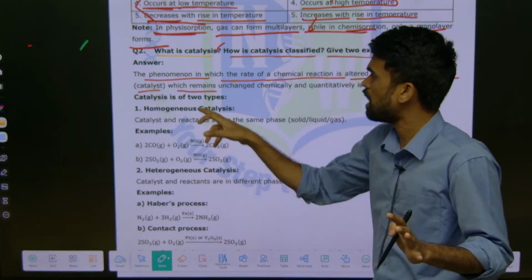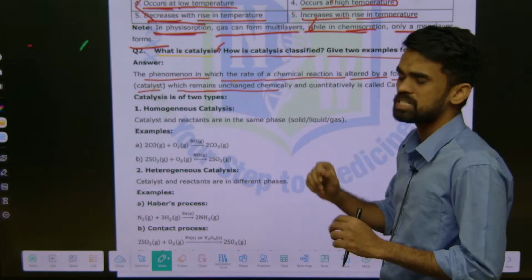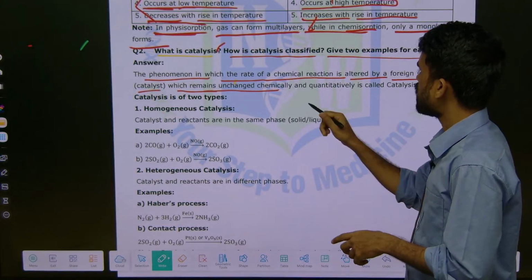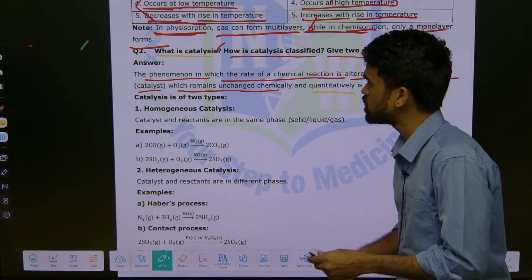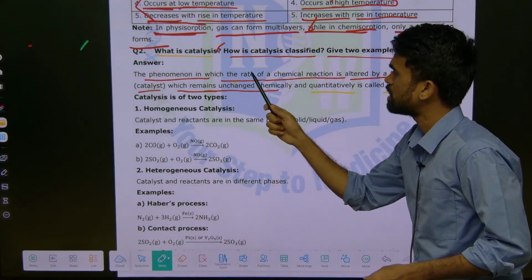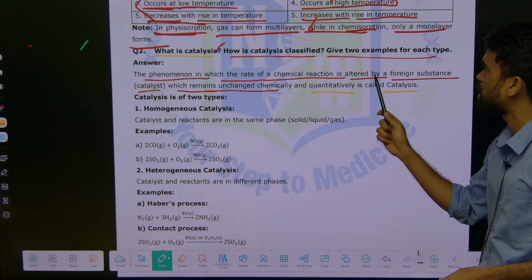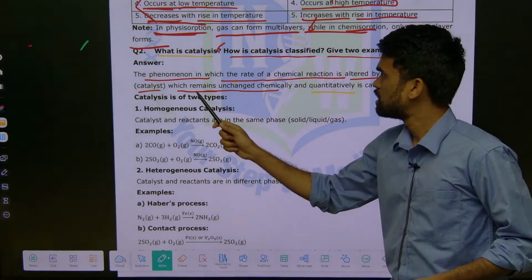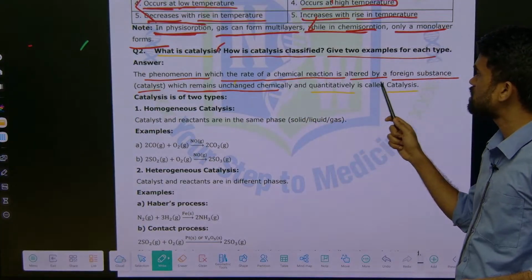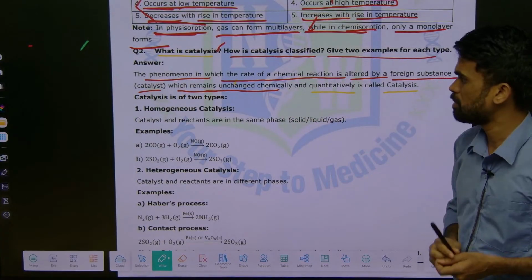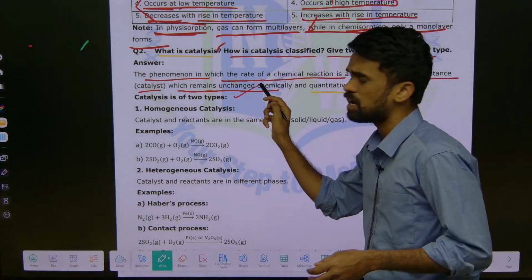It remains unchanged chemically and quantitatively. This process is called catalysis. Once again, the phenomenon in which the rate of a chemical reaction is altered by a foreign substance which remains unchanged chemically and quantitatively is called catalysis. Remember this.